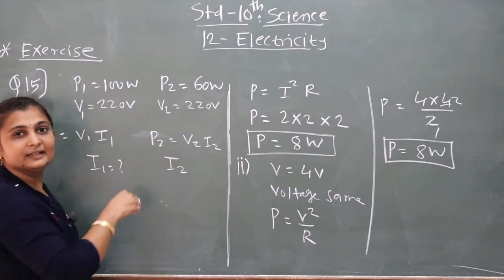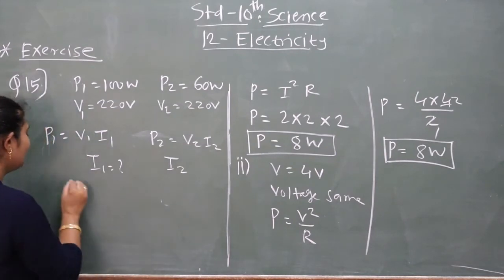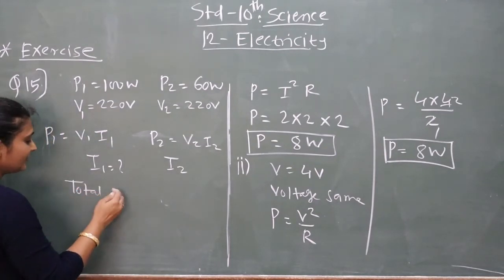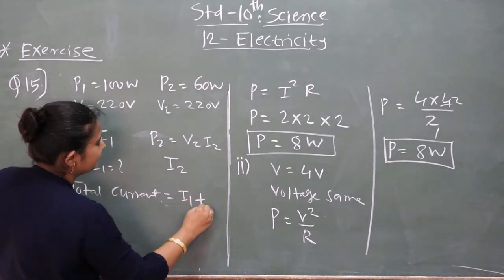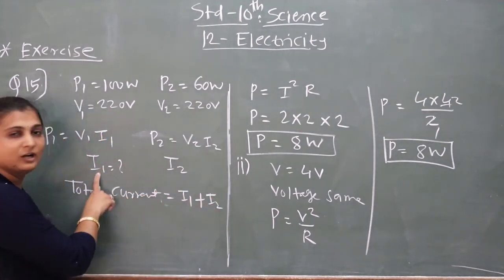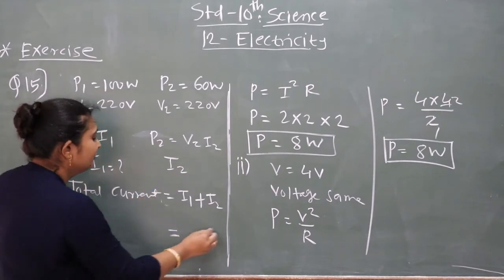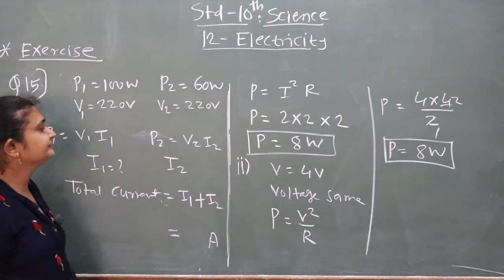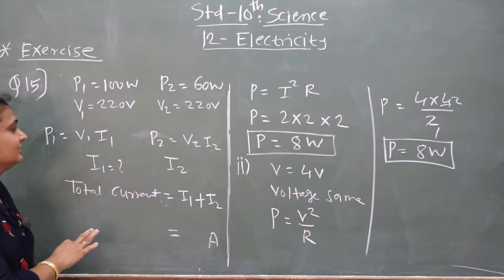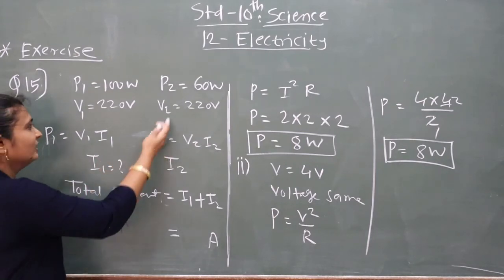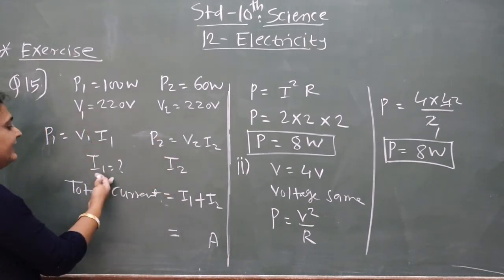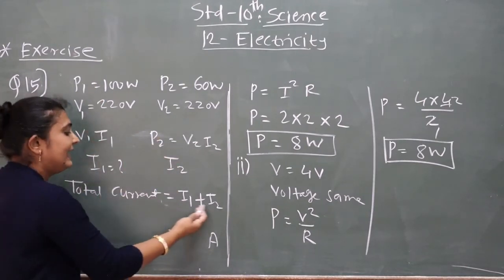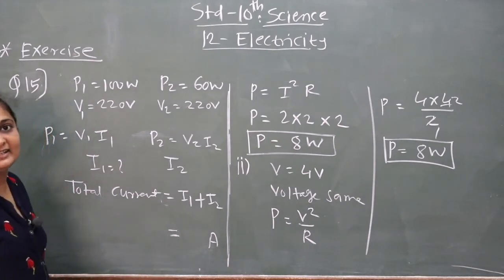Now these are in the parallel connection, so total current is equal to I1 plus I2. Put all the values of I1 and I2, you get the final answer. Understood this one? Simple. After that you have to add both the currents, you get the final answer.